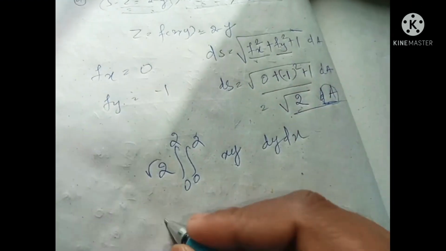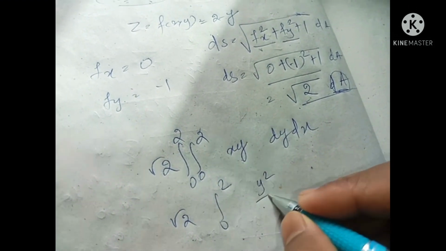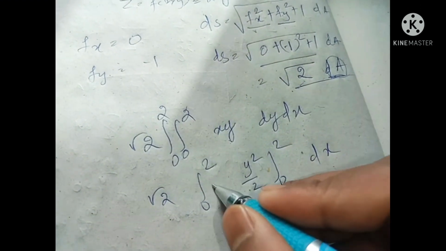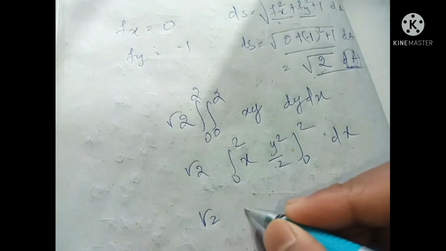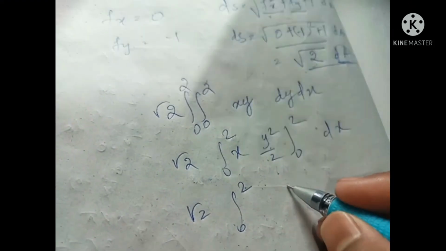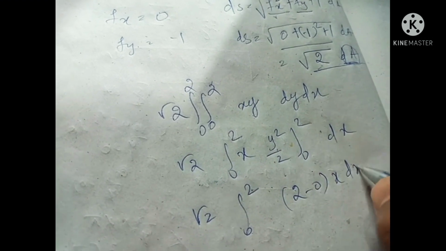So root 2, integral 0 to 2 of y squared by 2 from 0 to 2, dx. That gives root 2 times (2 squared is 4, 4 by 2 means 2, minus 0) x dx.